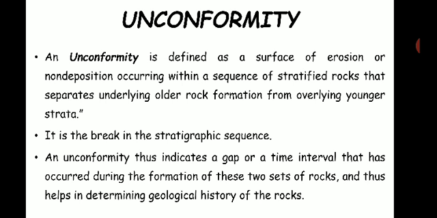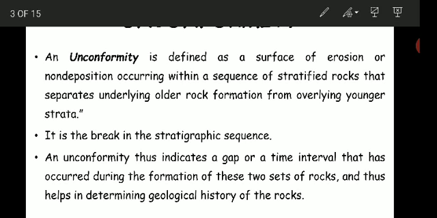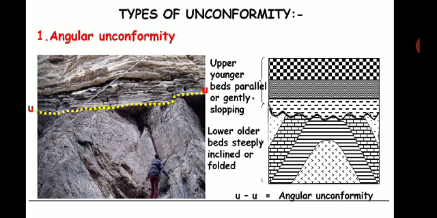The development of an unconformity involves different stages. The first stage is the formation of older rock, followed by upliftment or some erosion, and finally they submerged, and after the submergence the younger rocks were deposited above the older formation. So unconformity occurs in this way.